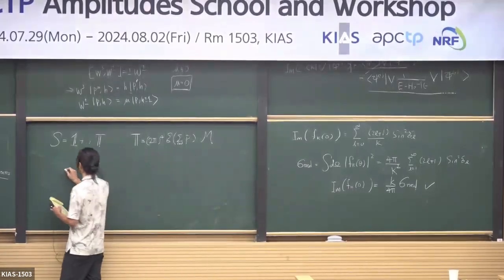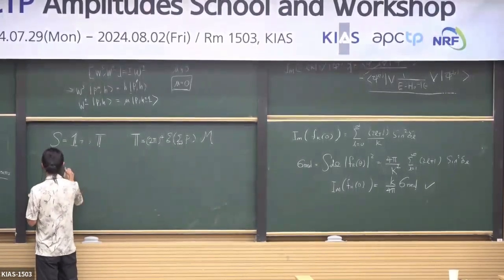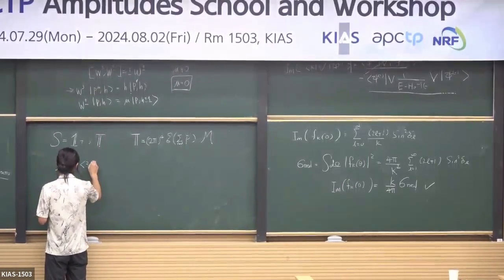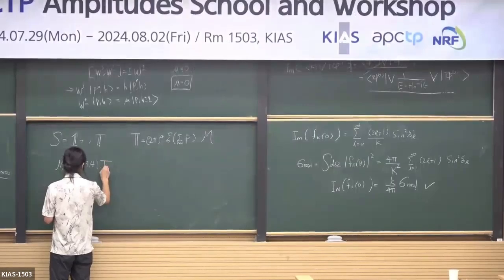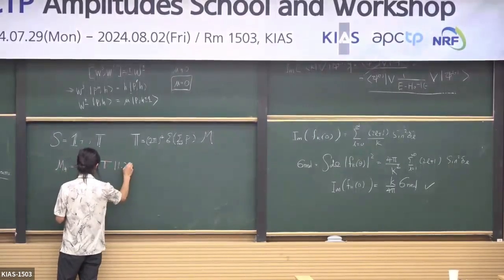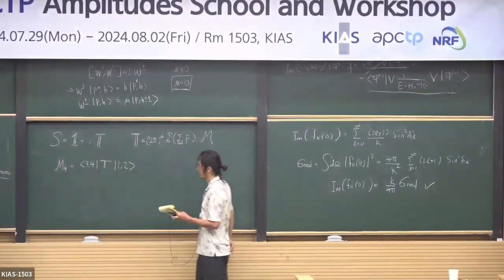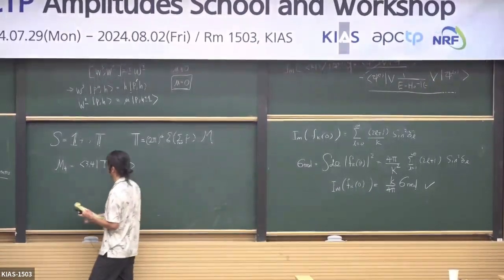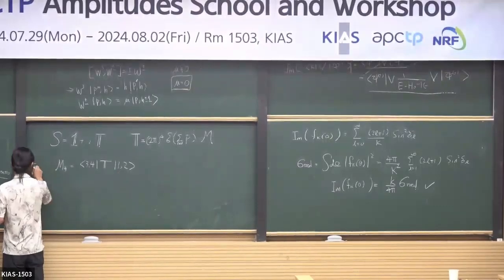For example, a 2-to-2 scattering 4-point amplitude will essentially be, we have particles 3, 4 sandwiching T and particles 1, 2 coming in. Maybe I should put the 2 pi with the 4 delta function here.